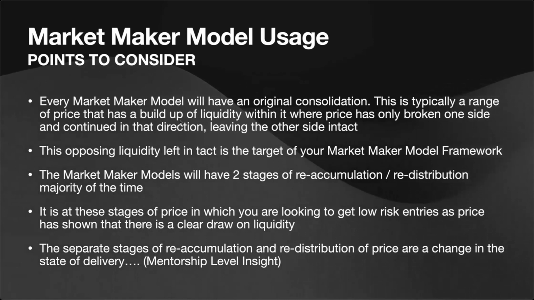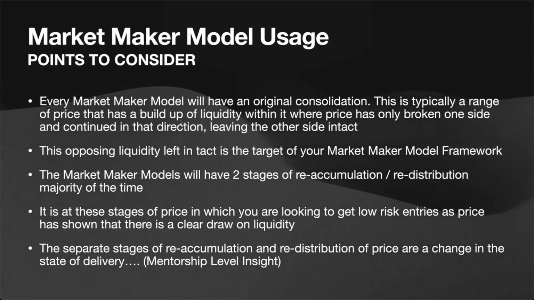So the opposing liquidity left intact. The opposite end of the range that's left intact, that is the target of your market maker model, okay? Now, as we saw in ICT's pictures that I copied and pasted, again, full credit to him. It's his work anyway. The market maker models will have two stages of reaccumulation or redistribution the majority of the time.